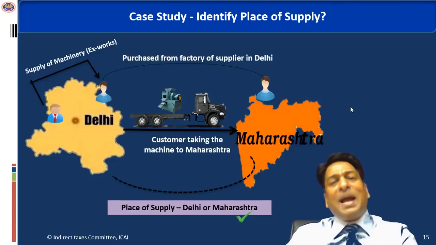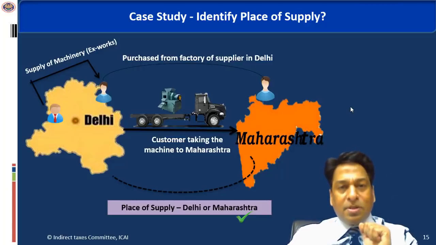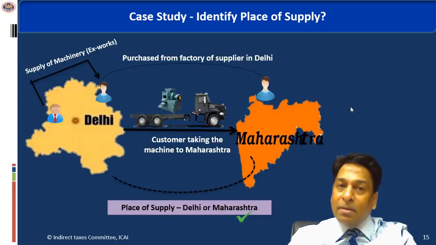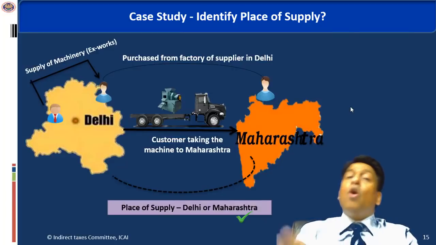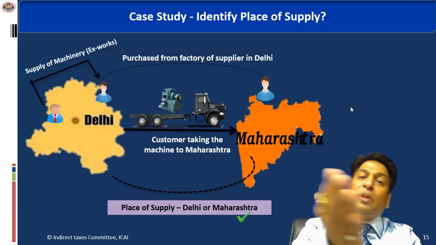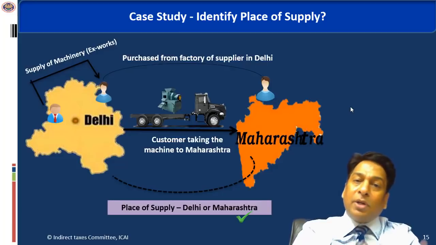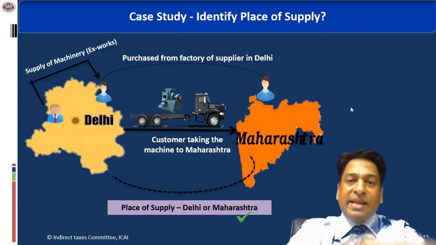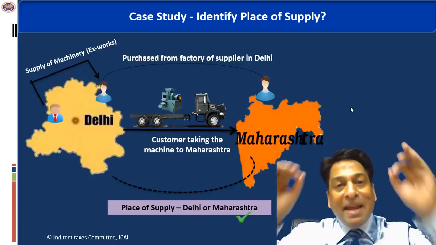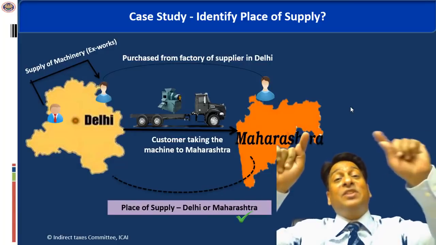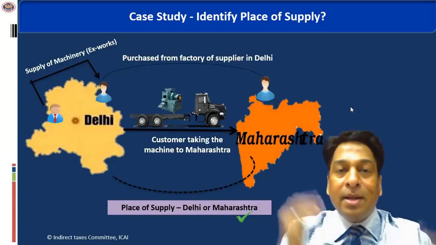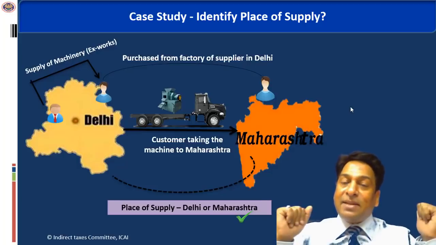I say where supply involves movement of goods, of course it involves movement of goods, either by the supplier, it is not the case of the supplier, or by the recipient, of course the case of the recipient. The recipient is going to deploy his transporter to pick the goods from Delhi to Maharashtra. Then 10(1)(a) says the place of supply would be where delivery terminates. So delivery is terminating in Maharashtra, the transaction would be interstate.